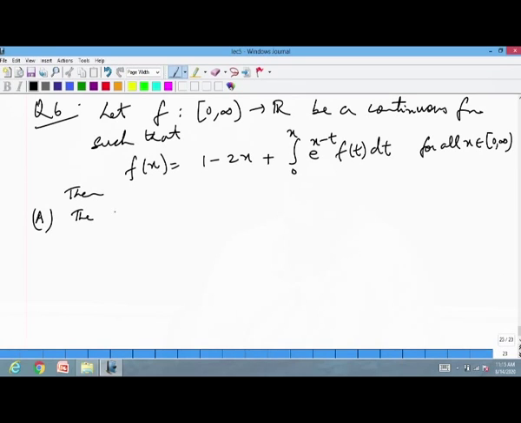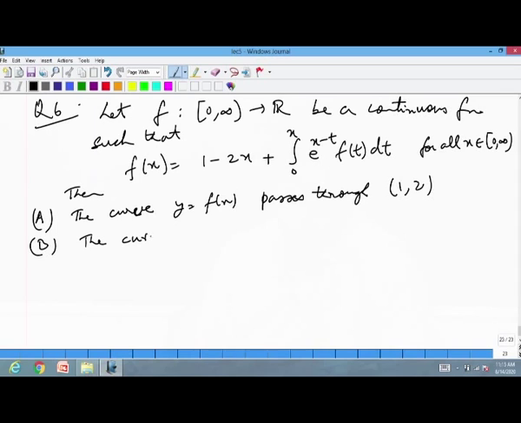A: The curve y equal to f(x) passes through the point (1, 2). B: The curve y equal to f(x) passes through the point (2, minus 1).